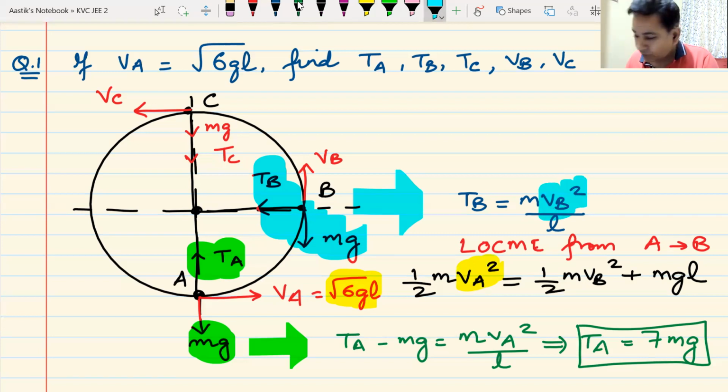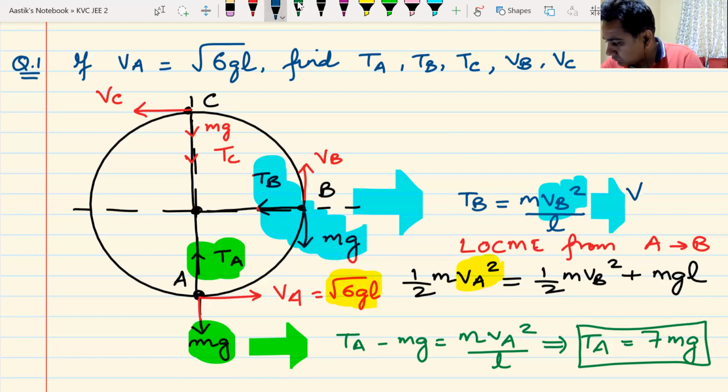It will be coming as root over 4GL, right? Sir, yes, sir. Root over 4GL. Am I correct? So I can write it as 2 times root over GL. Yes or no?